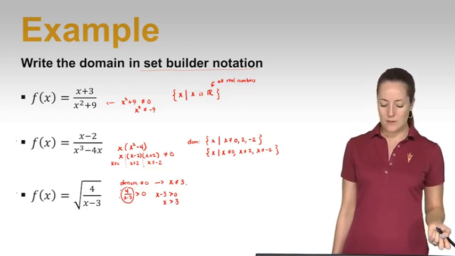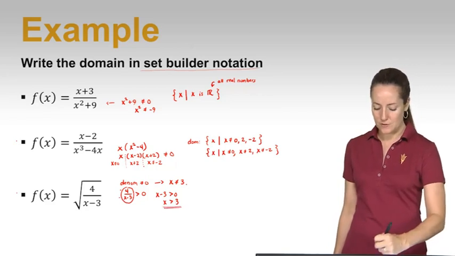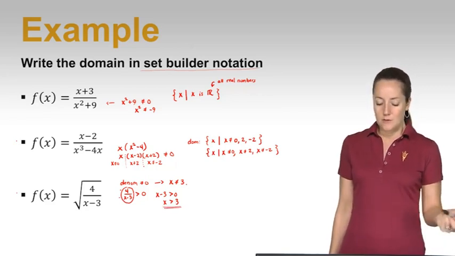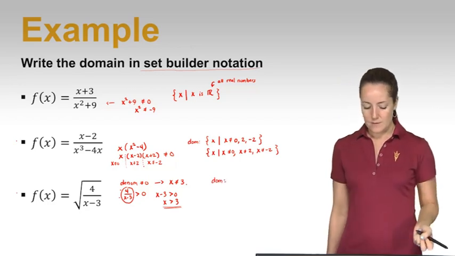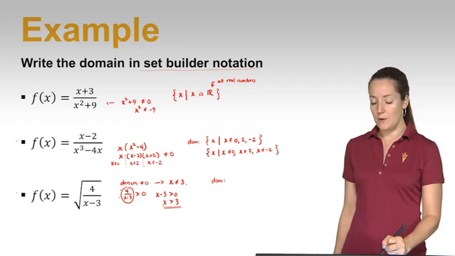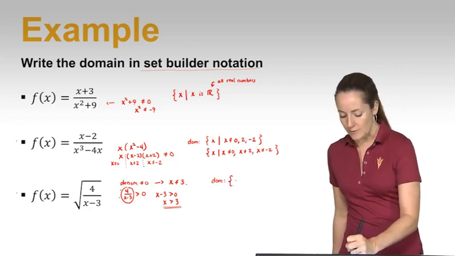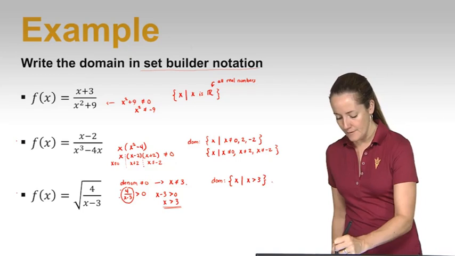So x isn't equal to 3 according to the first half of what we discussed, and then we found out that x should be greater than 3. So I can write my domain. I don't want x to be 3, but I don't have to say that if I just say x must be greater than 3. So the set of all x values such that x is greater than 3. And that's our domain.